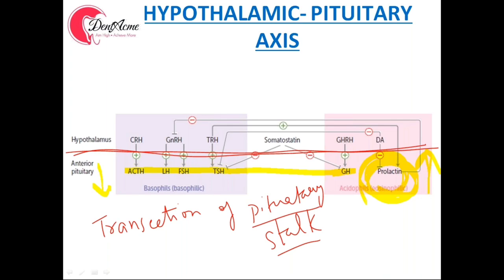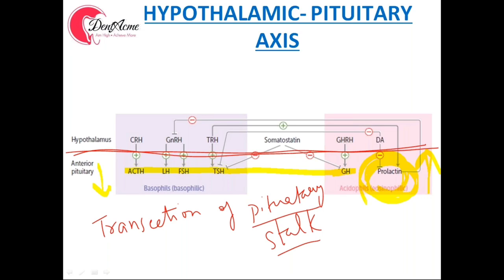So there is a question which says that which of the following hormones increases after a lesion of the pituitary stalk, or which of the following hormones increases after there is a transection of the pituitary stalk. Or they might give you a clinical vignette in which, say, a person was going on a bike, he had an accident, they did an MRI or a CT or something, and they found a lesion of the pituitary stalk. Which hormone would be found increased in this person?